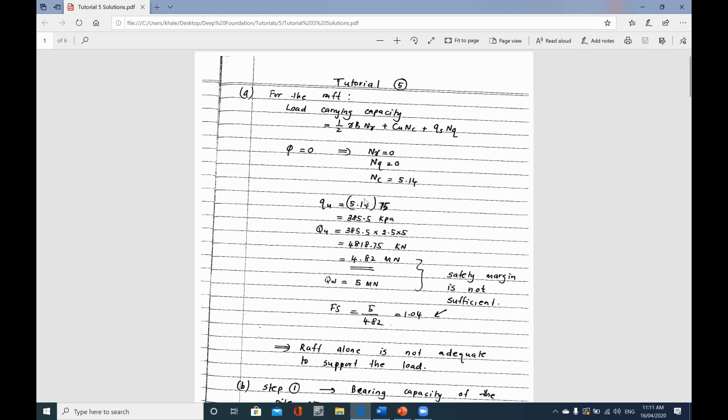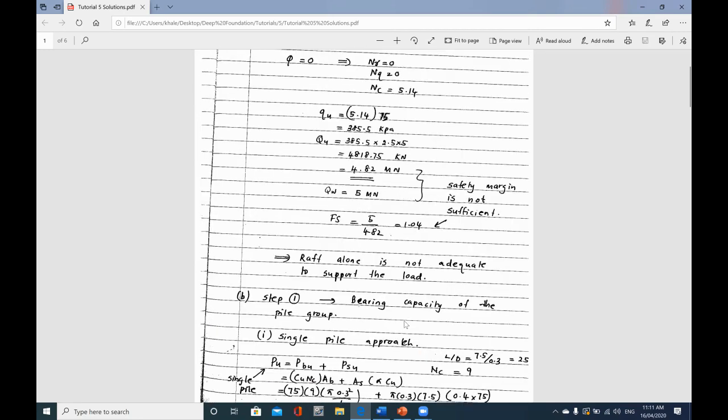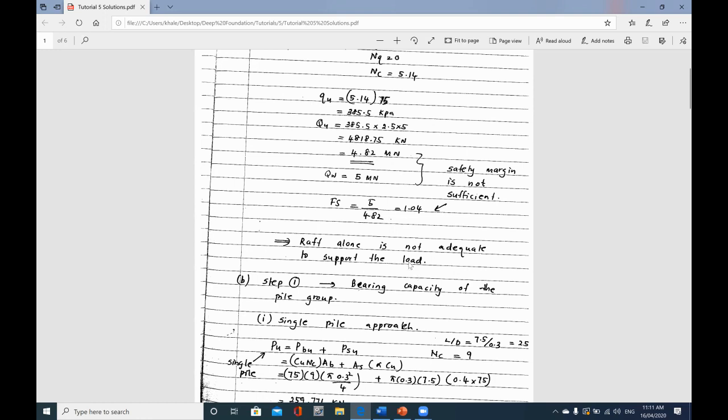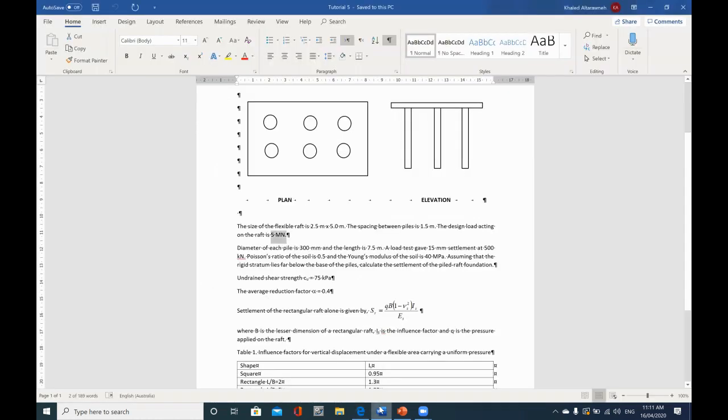So the raft by itself will not be enough to support the working load of 5 meganewton, and that's why we need either to redesign the raft if we have the capacity to do so on the site, but the cheaper solution will be to add the piles to the problem, and that's what we have done here.